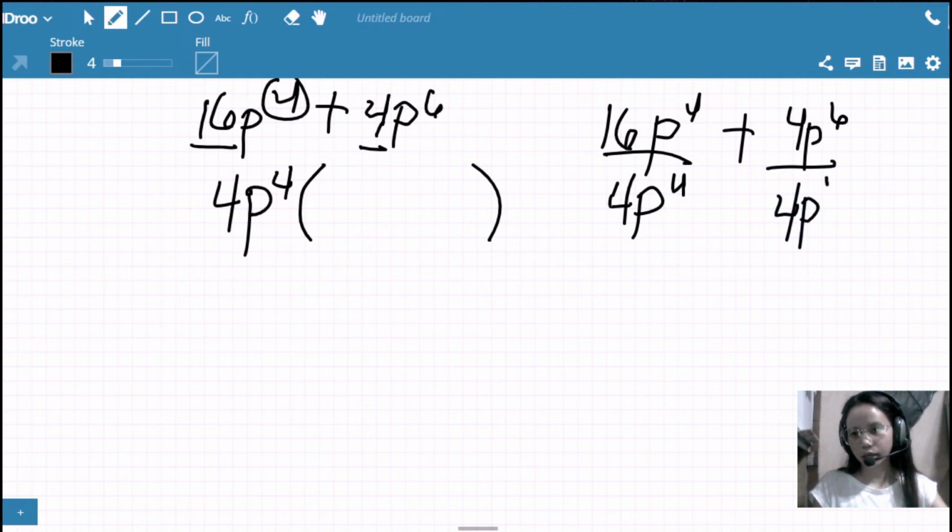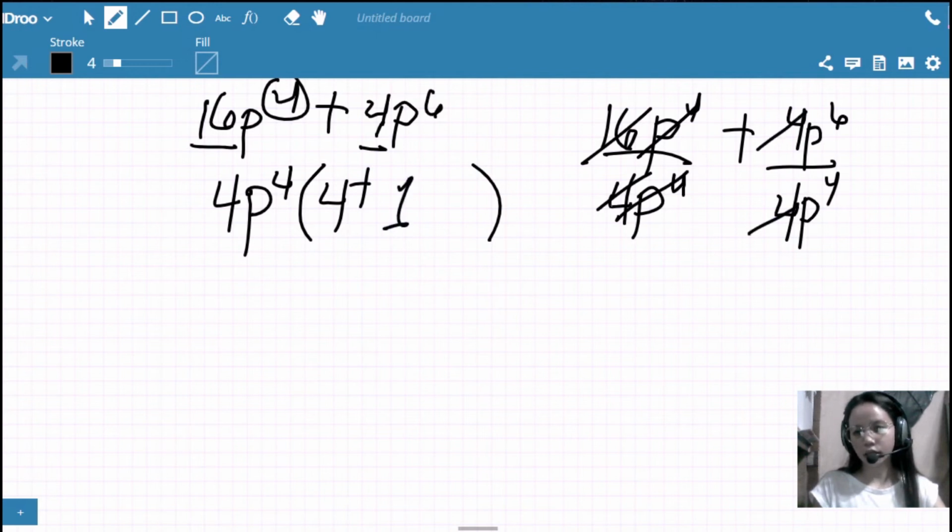And then divide both. 16 divided by 4 is 4. p raised to 4 divided by p raised to 4 is simply 1. So no need for us to write 1 since the product will still be equal to 4. And then plus 4 divided by 4 is 1.